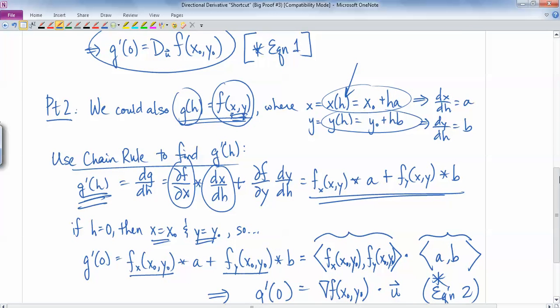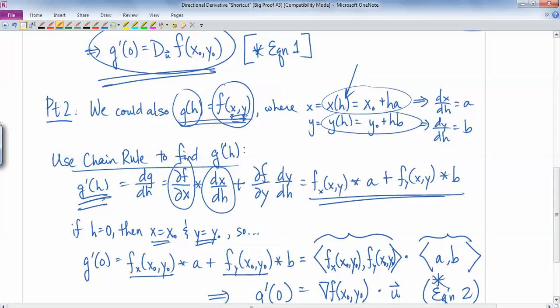So, let's see, can I fit them both? Here's equation 1, here's equation 2, and we know that they're the same because they're both g prime of 0.